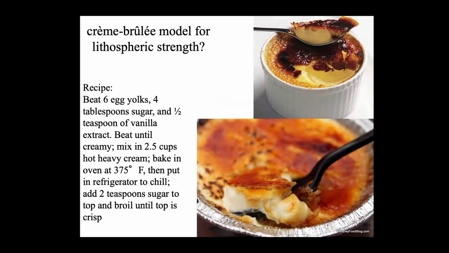Okay, now what about the creme brulee model for lithospheric strength? Jelly sandwiches are all well and good, but if you're really going out on the town, you're going to want a creme brulee. What is a creme brulee?